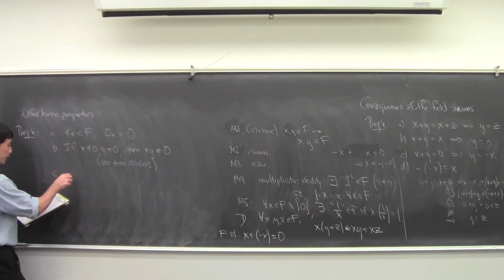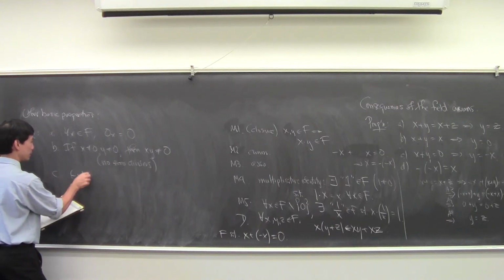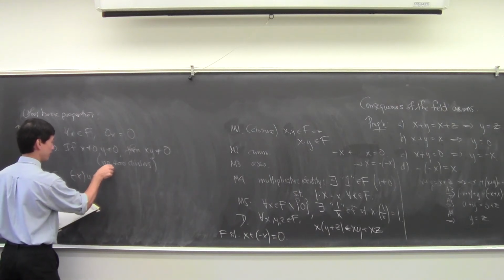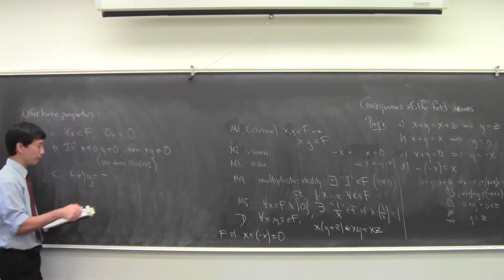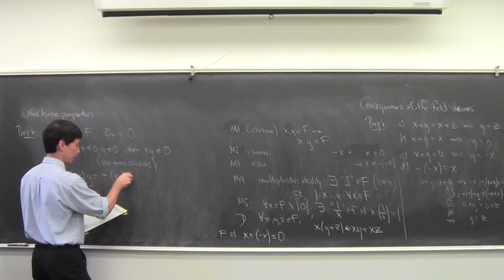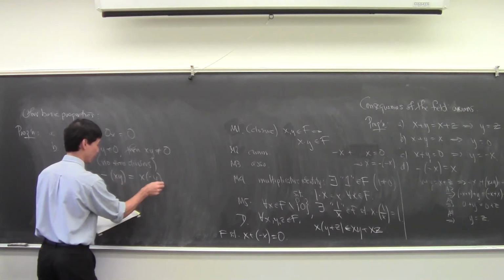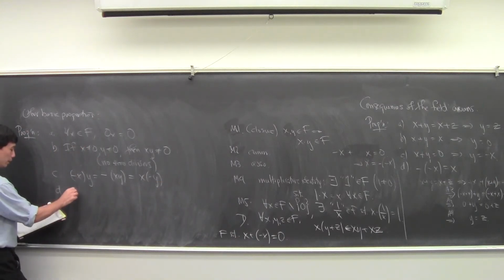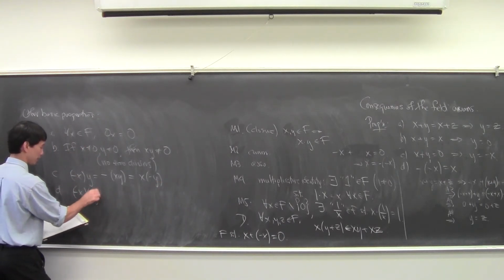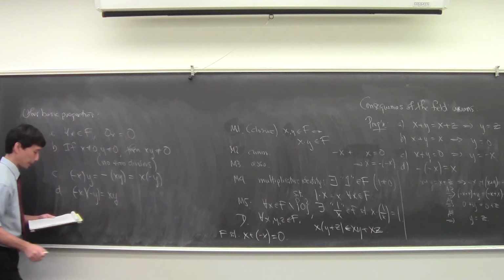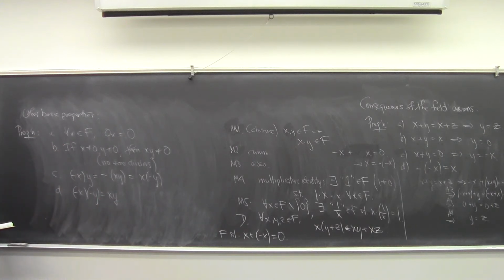Part C, negative x times y equals negative xy equals x times negative y. And number 4, negative x times negative y equals xy. Good. You all look kind of bored and disgusted, which is about right.